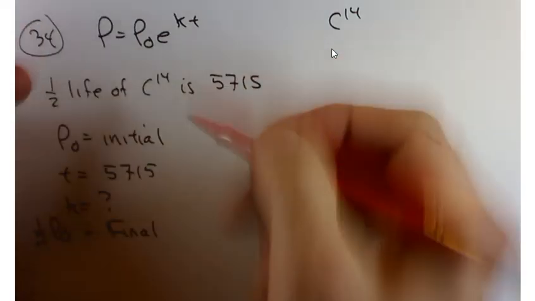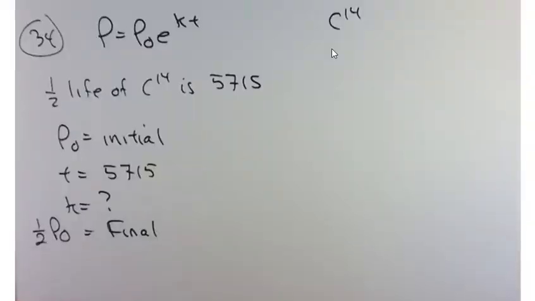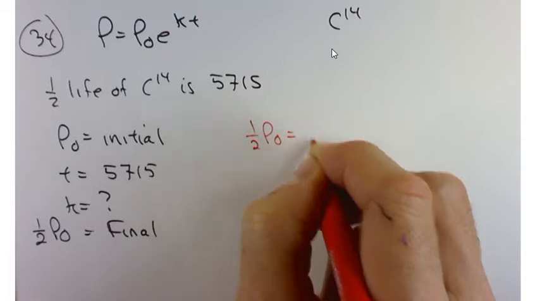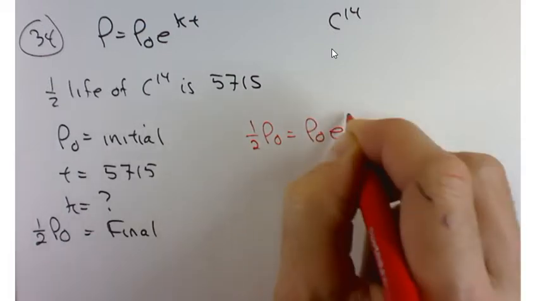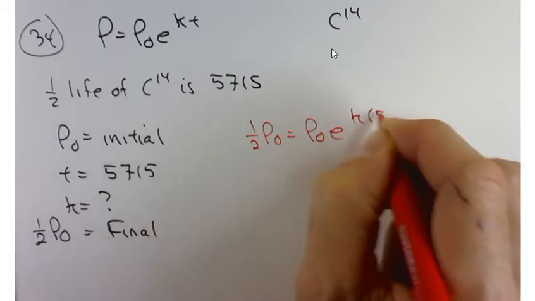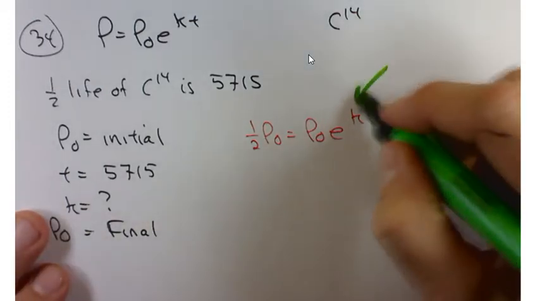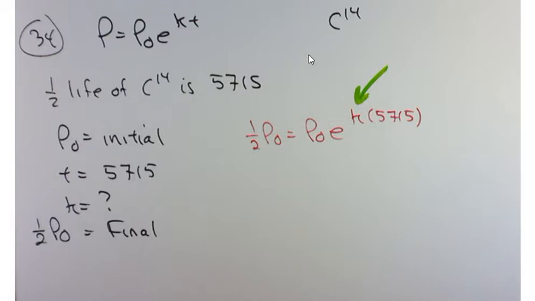Let me fill in the rest of this. 1/2 P sub 0 equals P sub 0 e to the k times 5,715. Our goal, at least initially, is to solve for k.